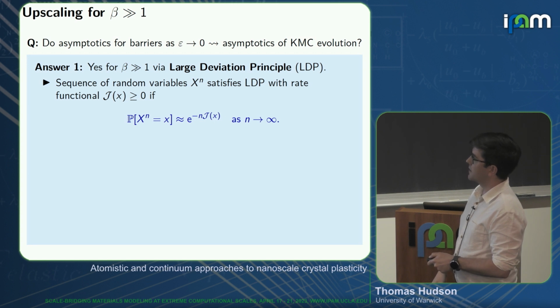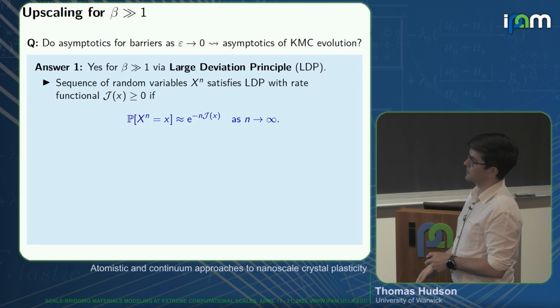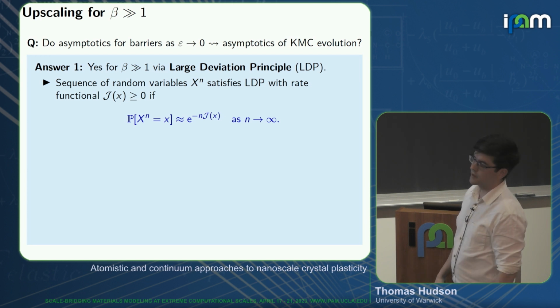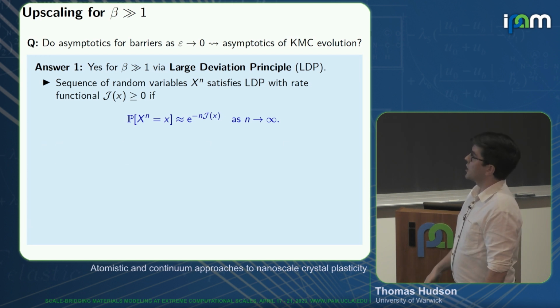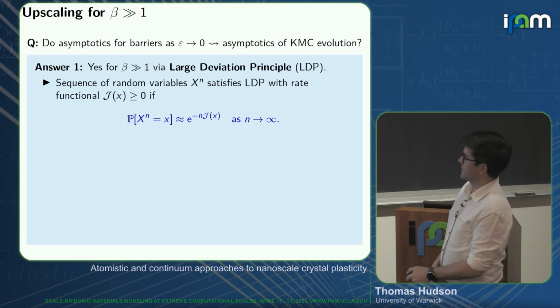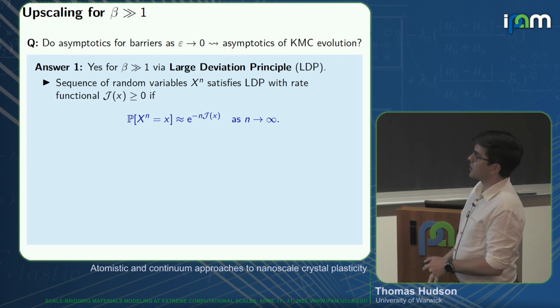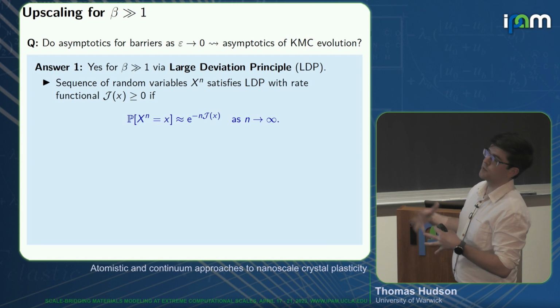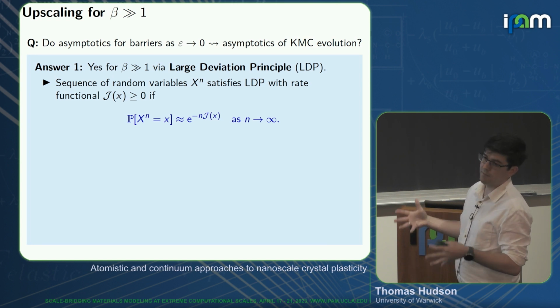The probability that the random variable or random trajectory looks like some trajectory little x looks like the exponential of minus n times J, where this J is the rate functional, I won't go there yet, and it quantifies the probability of observing a particular value, x.